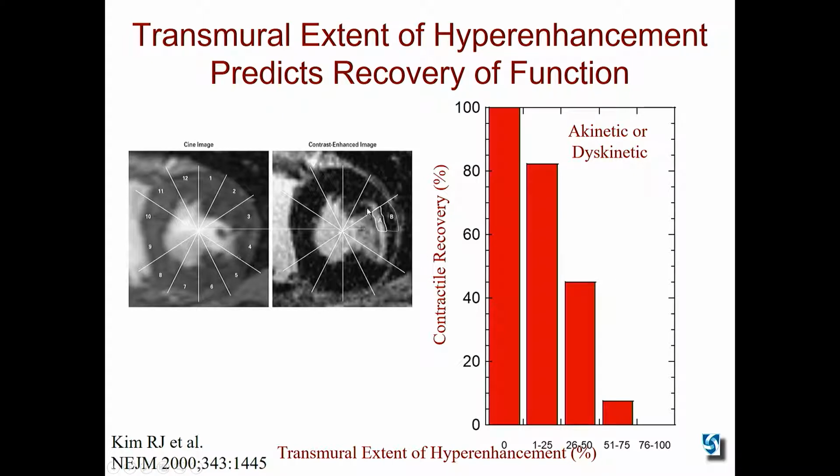So it's a good predictor of whether heart muscle will contract again after revascularization. So it can be used as a guide to whether myocardium is viable or not, and planning of invasive procedures.